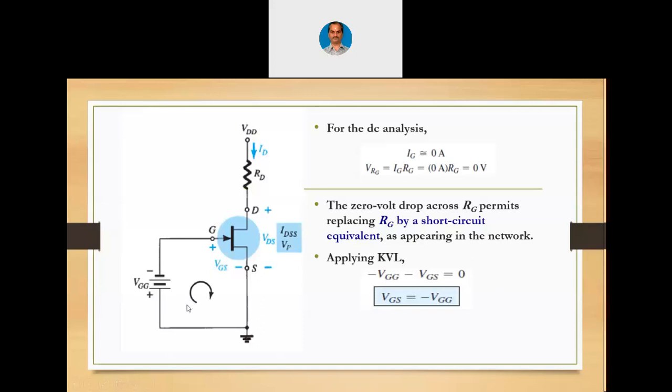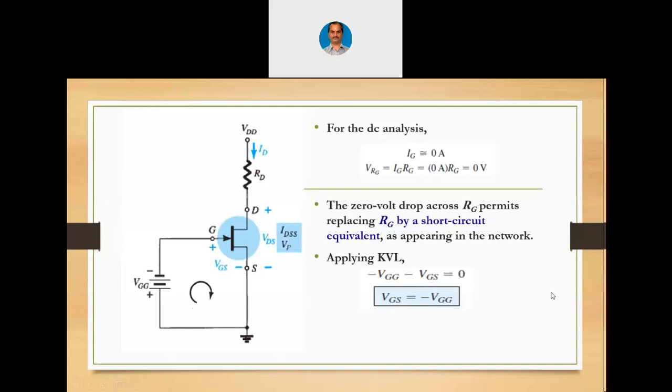Whenever you go from plus to minus, we have a convention to use minus. Again, gate to source we are going plus to minus. We presume that there is a voltage drop across gate to source, so again we put a minus symbol. Only when we go from minus to plus, we use a positive symbol. So that way VGS equals minus VGG.